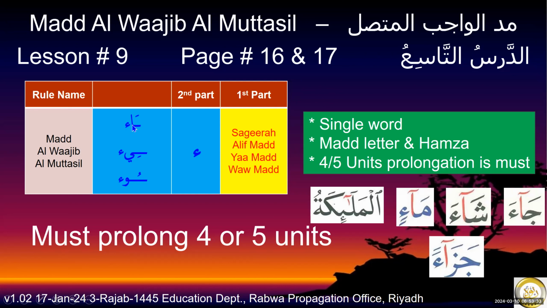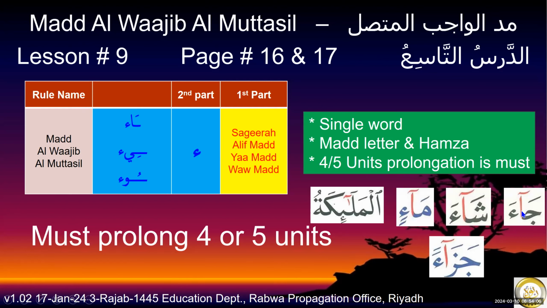Even though you see a small gap because of the writing, it is a single word. So in this case, it must be prolonged. Wajib means it is obligatory. We cannot skip this mad. Whenever you find a word in this structure, mad followed by hamza in the same word, you must prolong 4 or 5 units. Without prolongation, it is wrong.